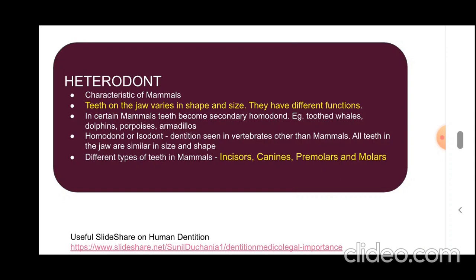Sometimes in mammals, teeth become secondary homodont. Example, in toothed whales, which we talked about earlier, then in dolphins, porpoises, armadillos, we see this secondary homodont condition. What is homodont? Homodont is also known as isodont. Here the teeth are similar in size and shape, and this dentition is also seen in vertebrates other than mammals.